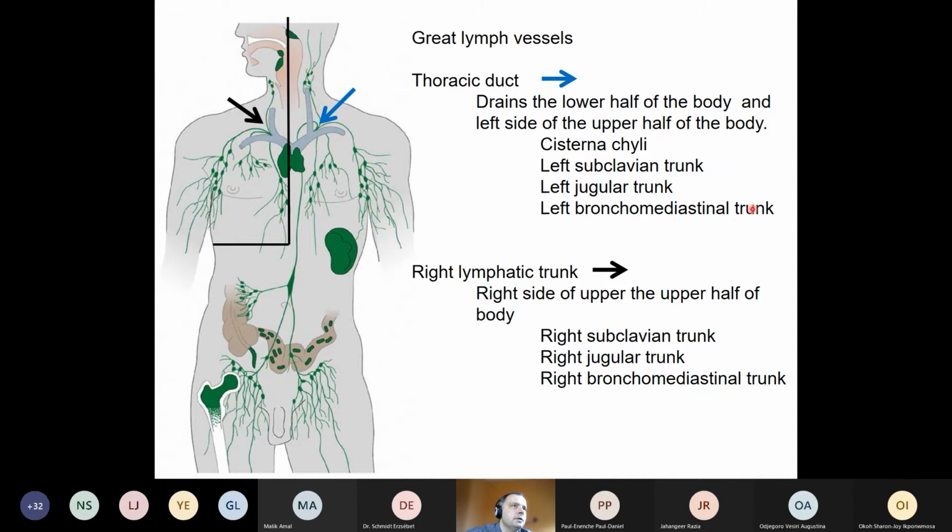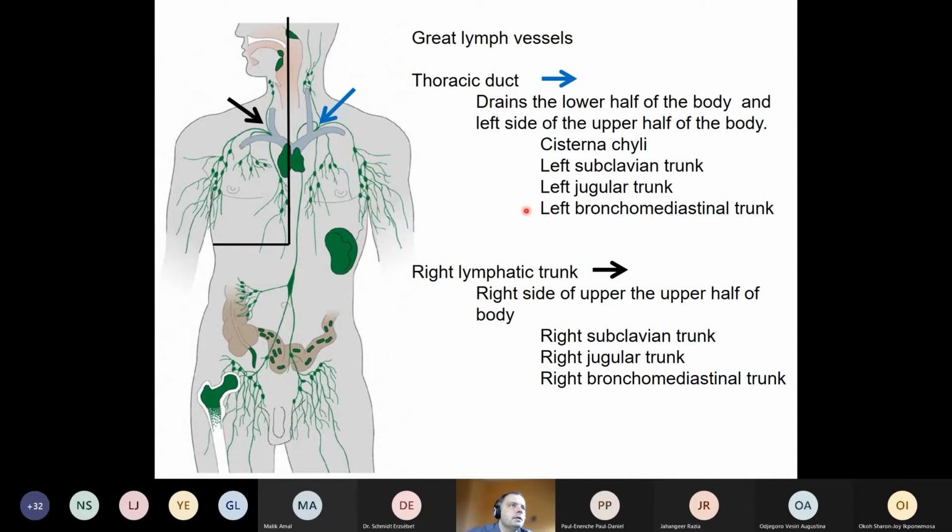I listed the names here. Cisterna chyli is this enlargement, and then we also have the subclavian trunk, the left jugular trunk, and the bronchomediastinal trunk. But these detailed lymphatic vessels are not required for this exam.